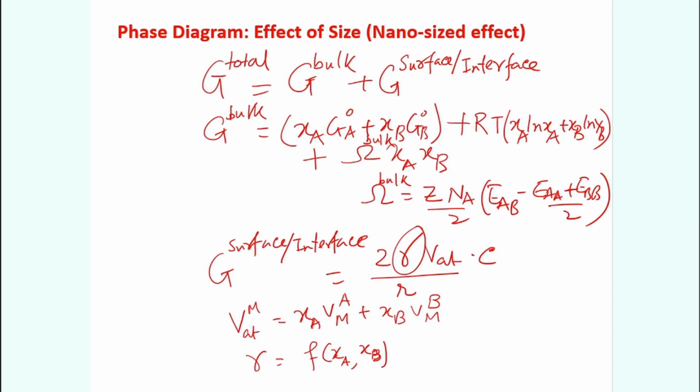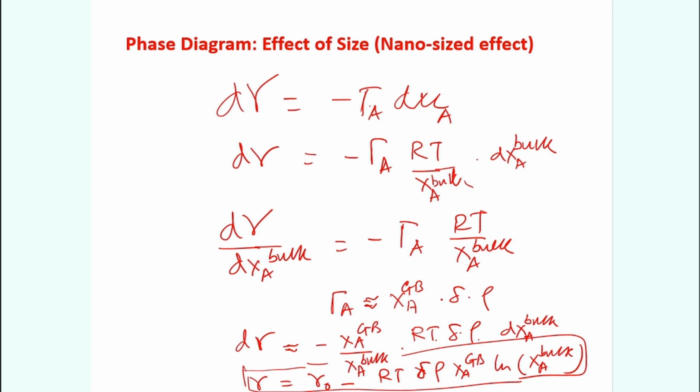So, that means gamma is a non-linear function now, and that is something you should remember. By doing this, you can simplistically put a relationship between gamma and compositions. And for nanostructured materials, it is widely done. Remember this, it is very easily done.